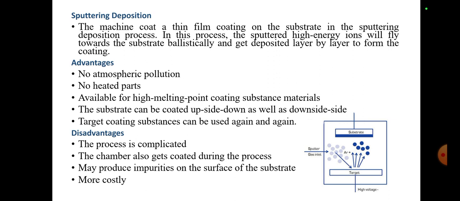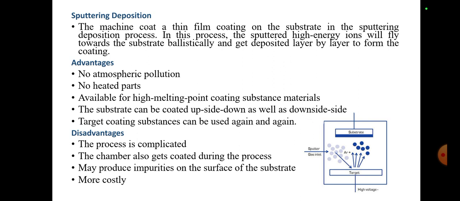In this process, sputtered high energy ions fly towards the substrate ballistically and get deposited layer by layer to form the coating. The advantages are no atmospheric pollution, no heated parts, and availability for high melting point coating materials.